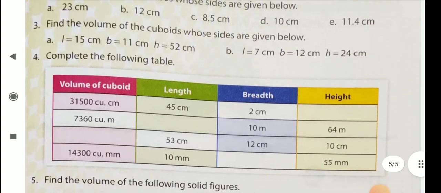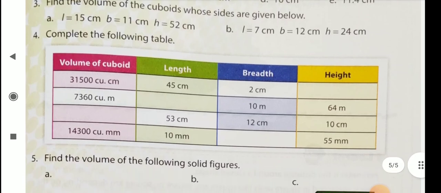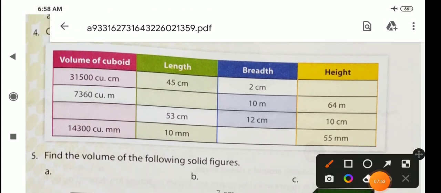Number 4, complete the following table. Here, children, volume column is given, length, breadth and height is given. Which one is blank? We have to find out. Suppose in first row you see, here volume is given, length is given, breadth is given.